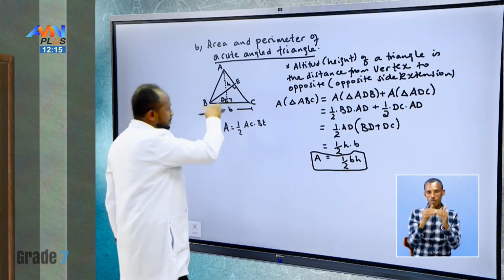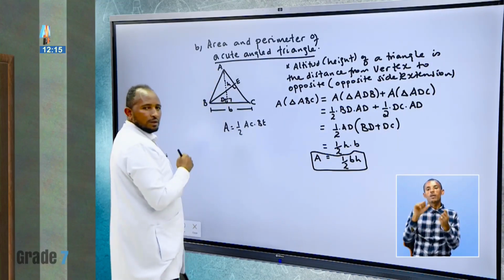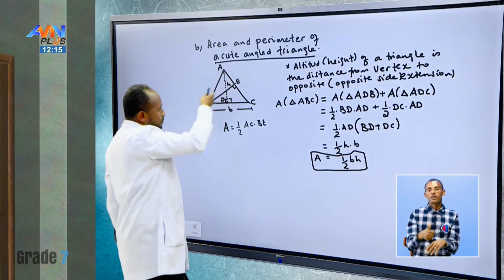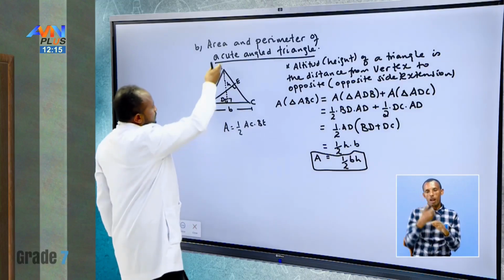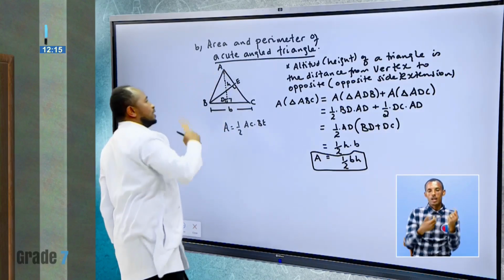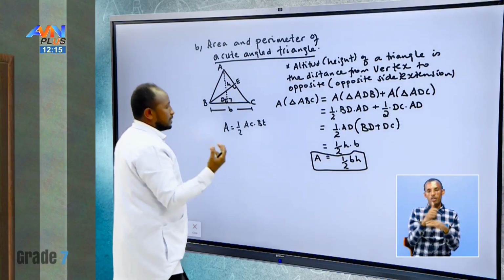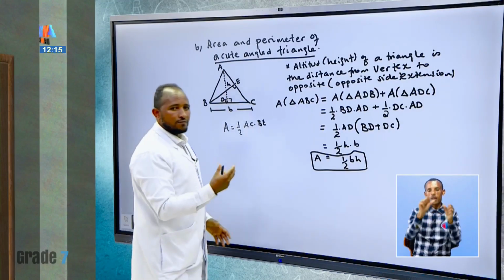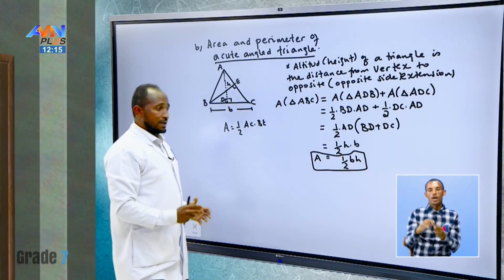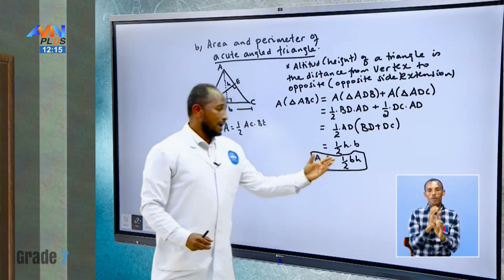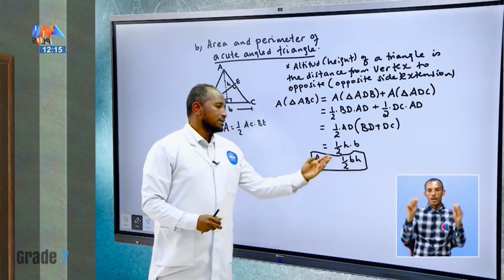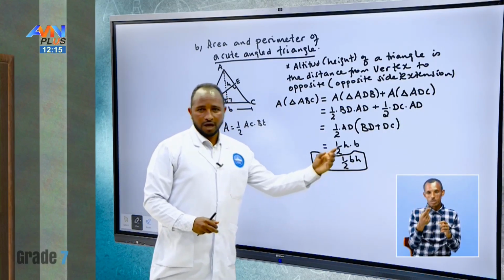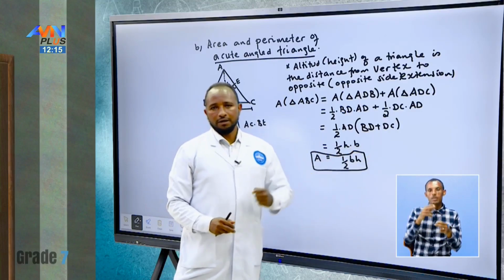If you take this as a base, this will be its altitude. So you can alternatively calculate the area of an acute angle triangle in different ways. But generally, to calculate the area of a triangle, you simply apply this equation: half times base times height.